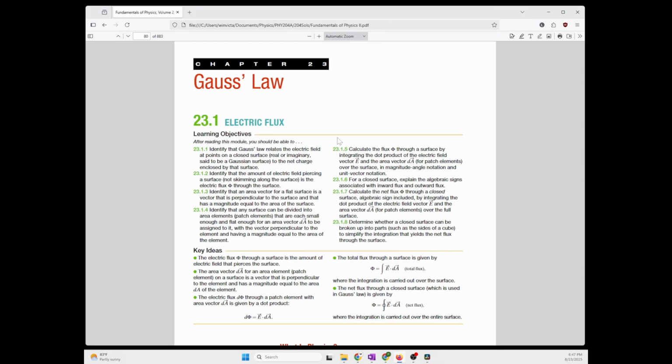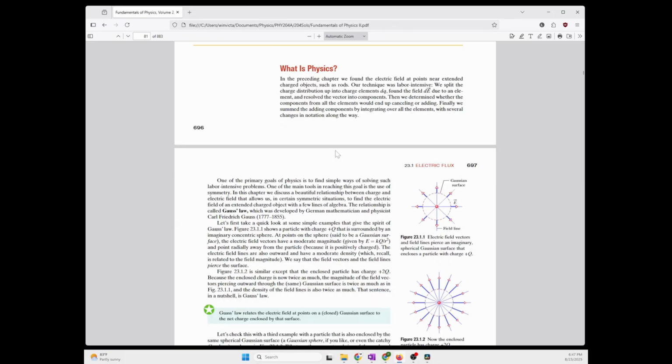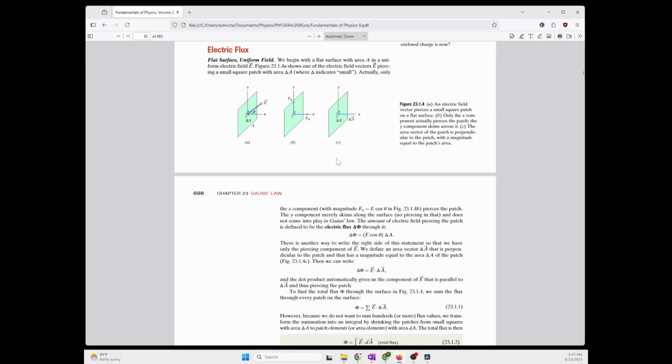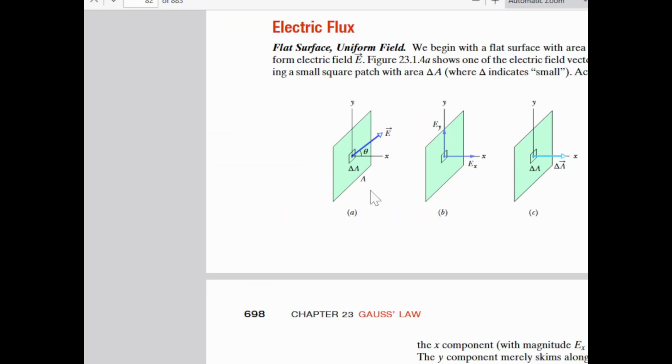The first topic that we are going to look at is electric flux, and you will scroll down to the next page to see the definition of which. Let's first look at part A of this diagram, where you can see the vector E representing an electric field located at the center of a surface element shown in green.